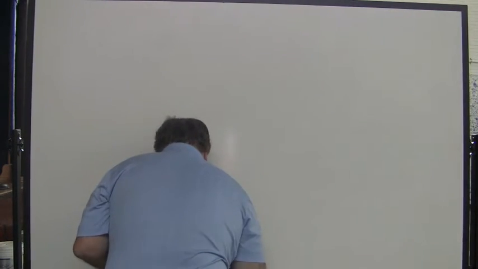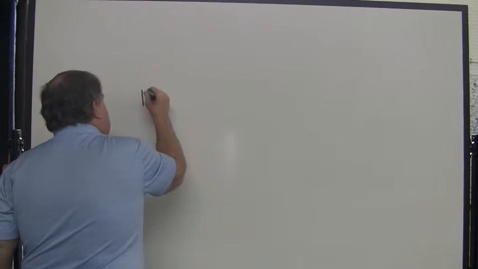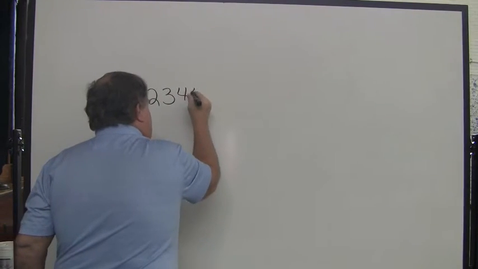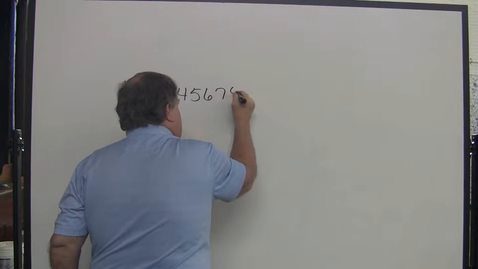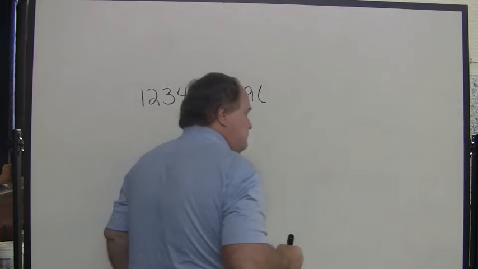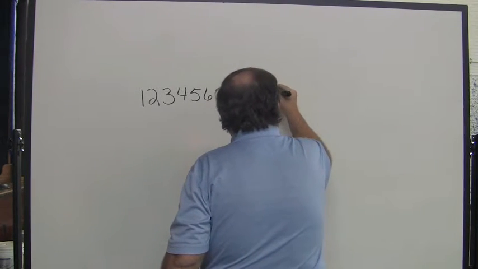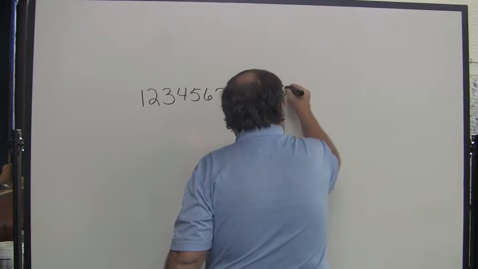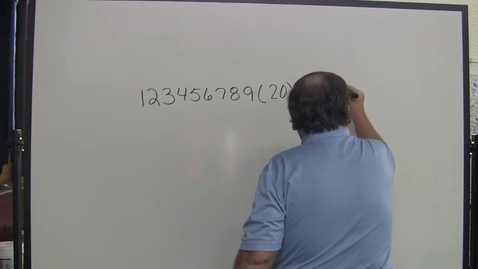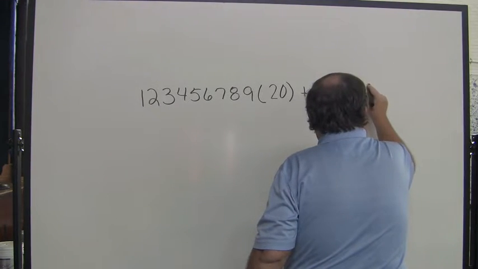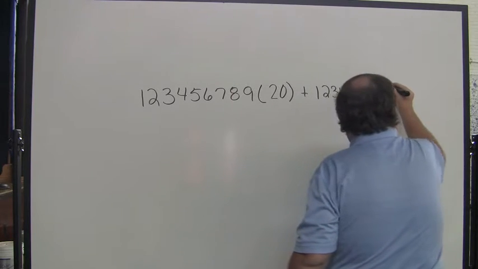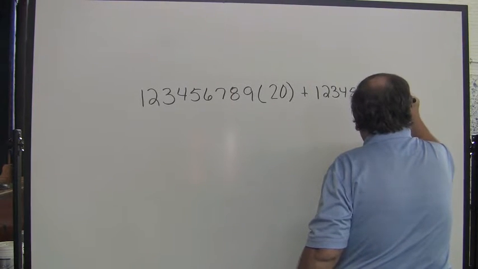What if I had this? This number is so large, 1, 2, 3, 4, 5, 6, 7, 8, 9 times, let's just say 20, plus 1, 2, 3, 4, 5, 6, 7, 8, 9 times 80.